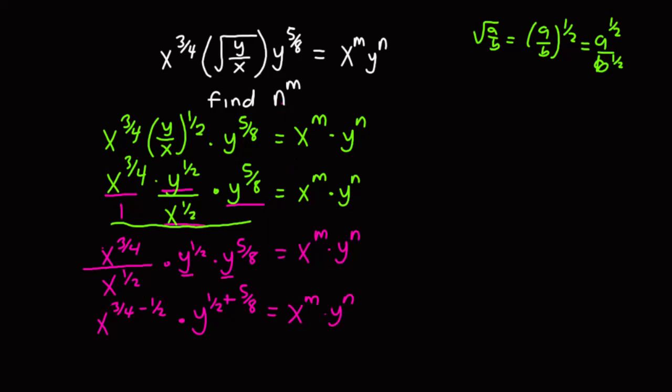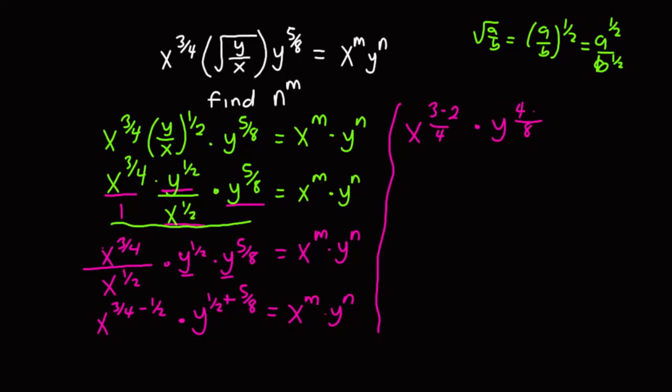So to further continue, now let's simplify x exponent 3 on 4 minus 1 on 2. Let me just go ahead and find the LCM. The LCM is 4, and so I'll have 3 minus 2. This is multiplying y exponent; the LCM is 8, so 2 goes into 8, 4 times.